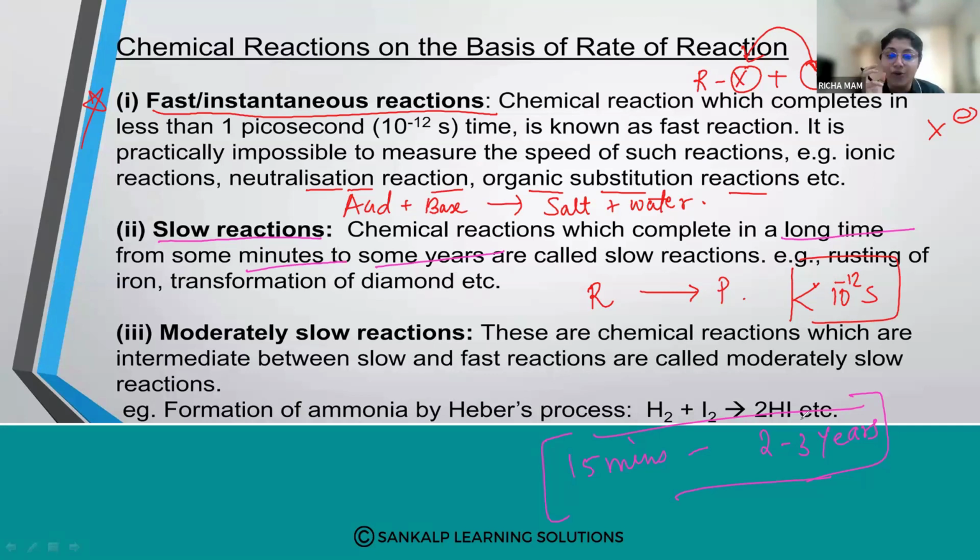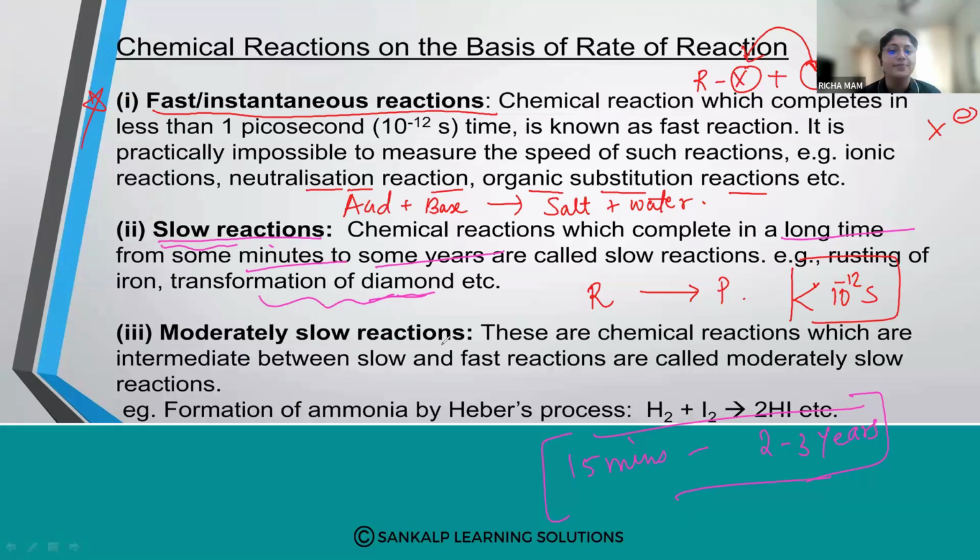So it requires several years or several months for transformation of the diamond. Such chemical reactions proceed slowly, and thus they are termed slow reactions.